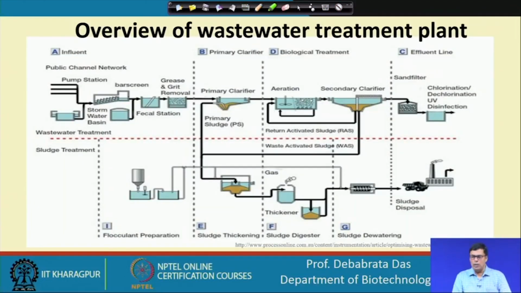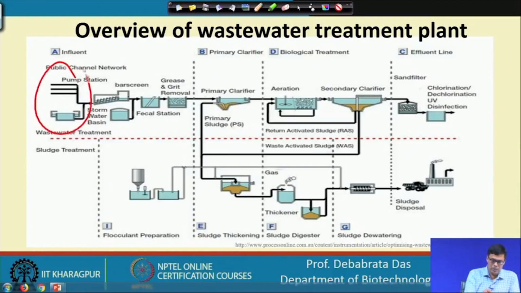Now, this is the overall overview of the wastewater treatment process. If you look at it, it's very interesting. This is the influent, because we take the material from water, maybe sewage water, maybe industrial water. This is the barred screen.